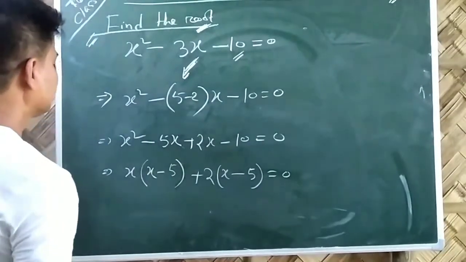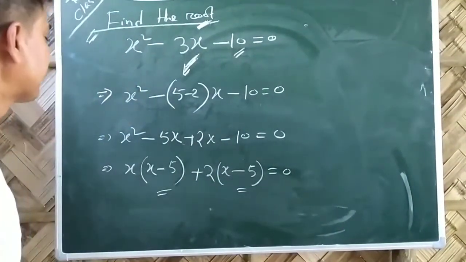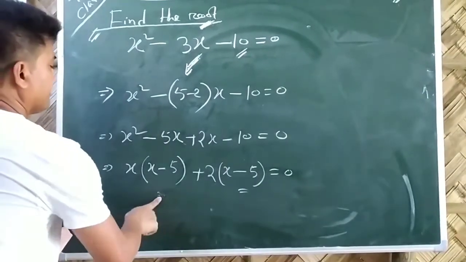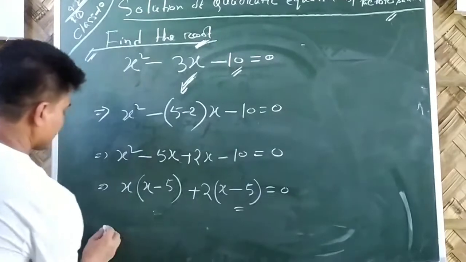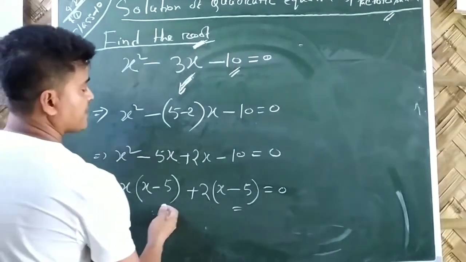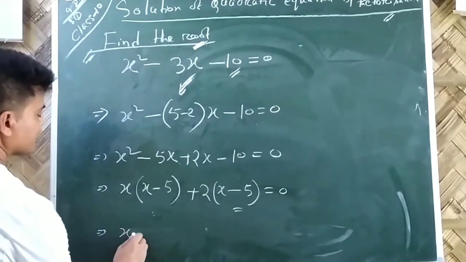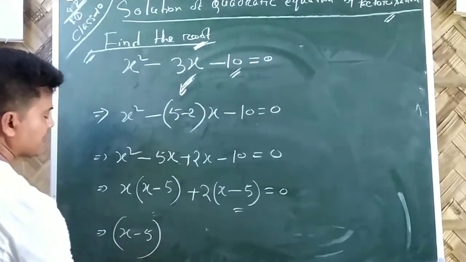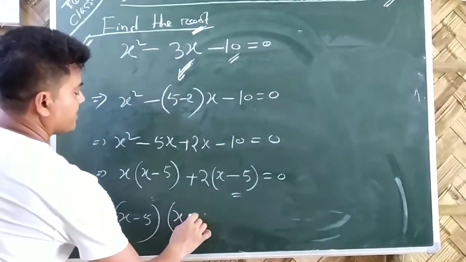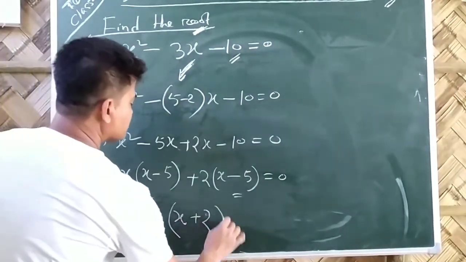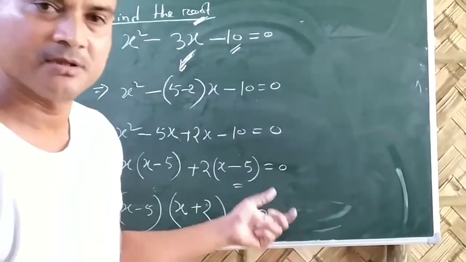So we get x minus 5 and x minus 5. After taking the common, we find the similar term x minus 5 in both terms, so we take x minus 5 as common. Then here will be x plus 2, is equal to 0. So x minus 5 whole into x plus 2 is equal to 0.